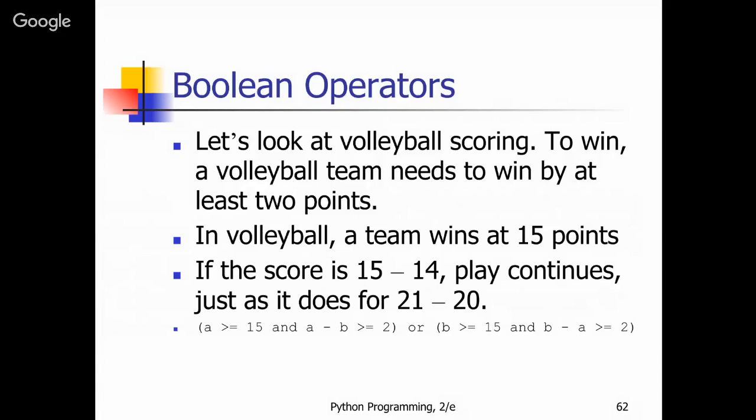These are tricky to put together, but you can see how powerful they are. We can model real world situations very effectively with the use of these expressions. Take a look at this one and make sure you understand it, please.